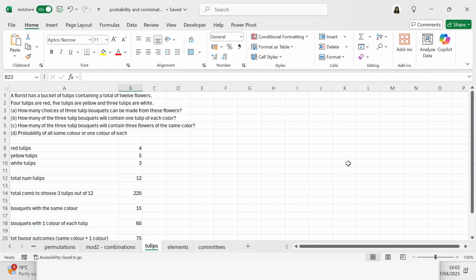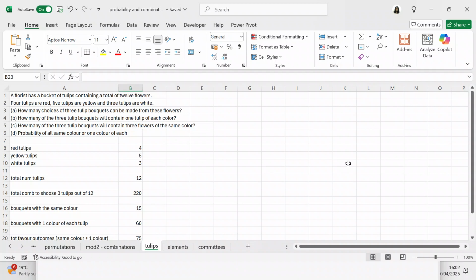B, how many of the 3-tulip bouquets will contain 1 tulip of each color? C, how many of the 3-tulip bouquets will contain 3 tulips of the same color? And D, the probability of all the same color or 1 of each color. Those are the 4 questions we're going to get out of this bouquet of tulips.